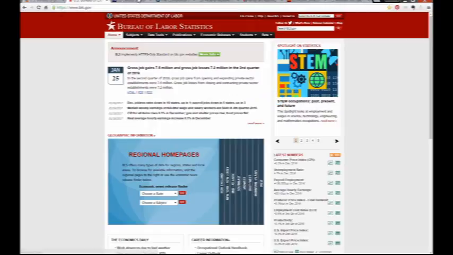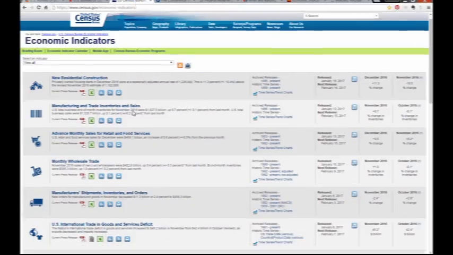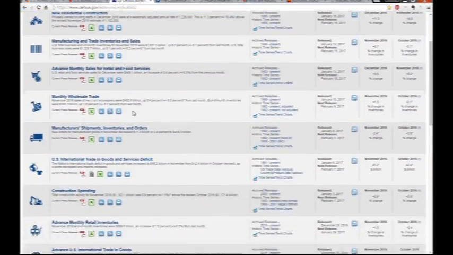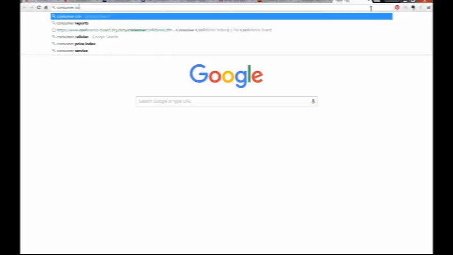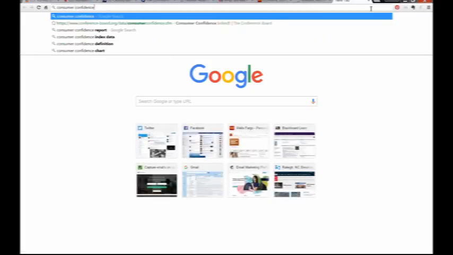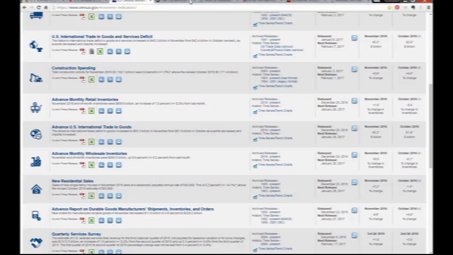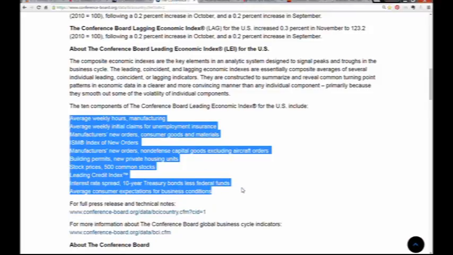These are examples of looking at consumer confidence. And then consumer expectations for business conditions.